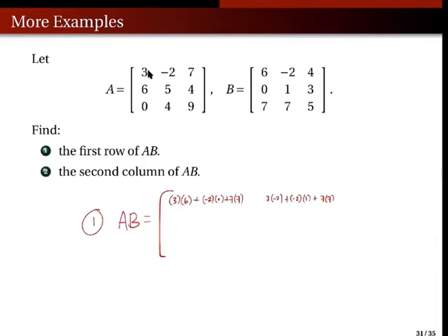So that's the second entry in the first row. And then first row, third column. So you will have 3 times 4 plus negative 2 times 3 plus 7 times 5.